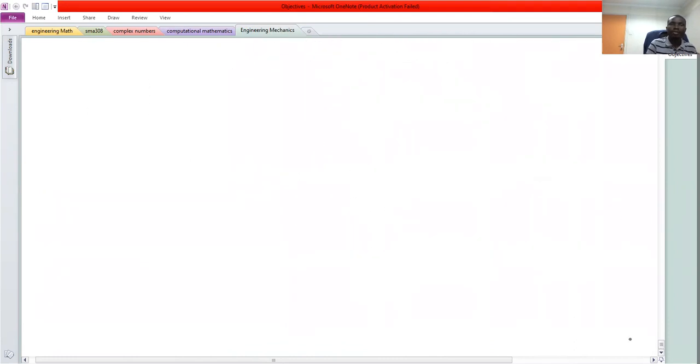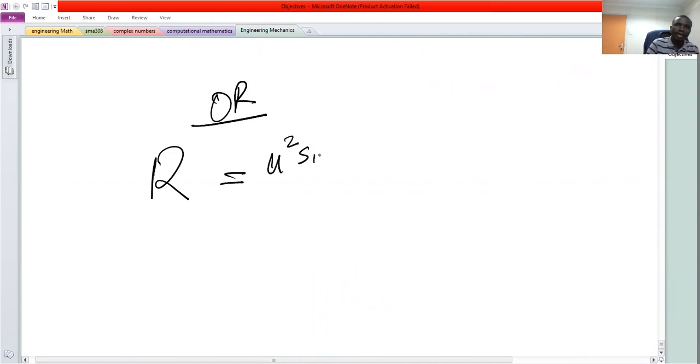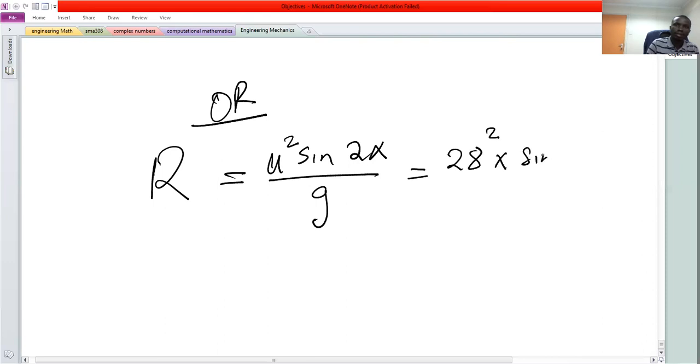Or if you don't want to do that long method, you know that the range from our calculation is given by u squared sine of 2 alpha divided by g. So this will be 28 squared times sine of 2 times 30, which is 60 degrees, divided by 9.8.